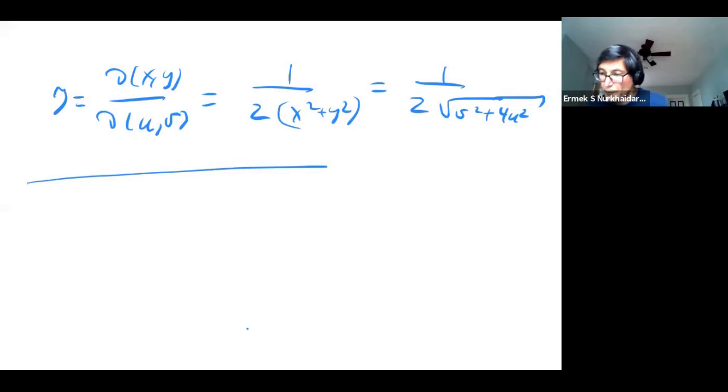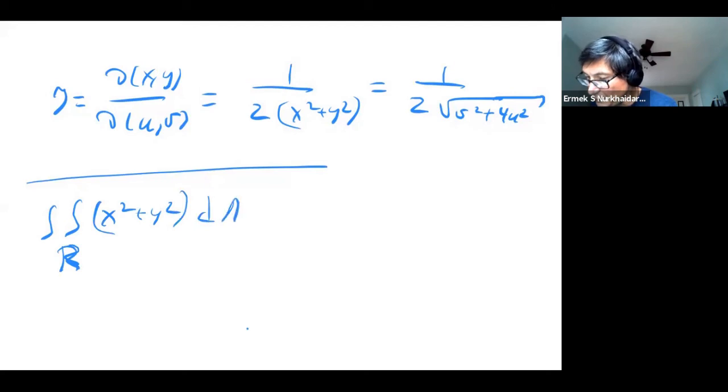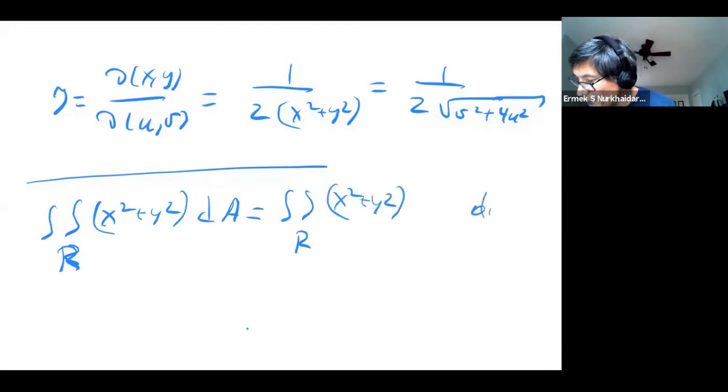Now just imagine we want to calculate the double integral over the region R of x squared plus y squared dA. Then we're going to get the double integral over R of x squared plus y squared du dv.